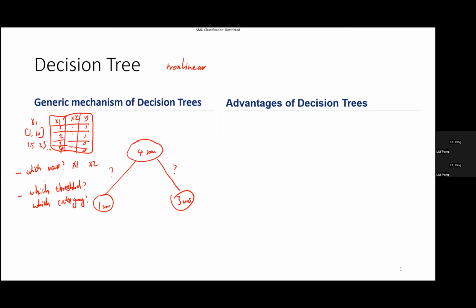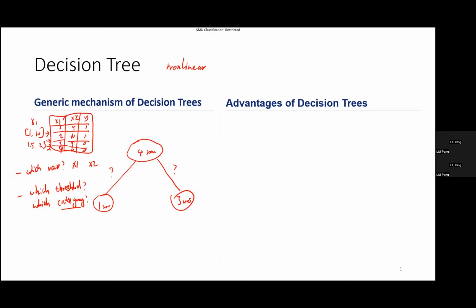My boundary is typically 1.5, 2.5, 3.5, and then I would choose among these 3 choices. On the other hand, if X2 is categorical, meaning yes, no, yes, no, so it can only take on 2 categories, then the category is just is it yes or is it no, right?